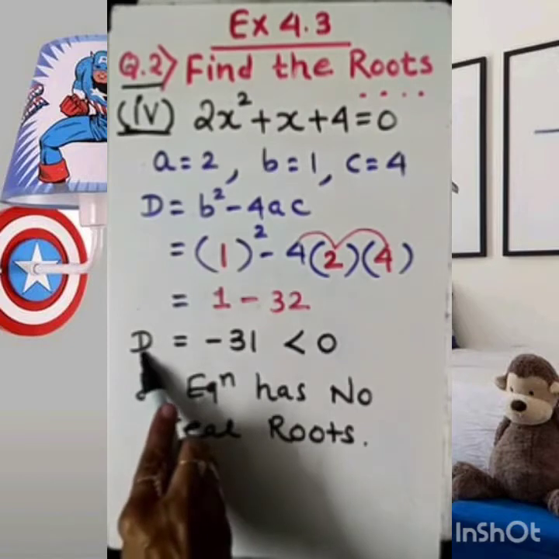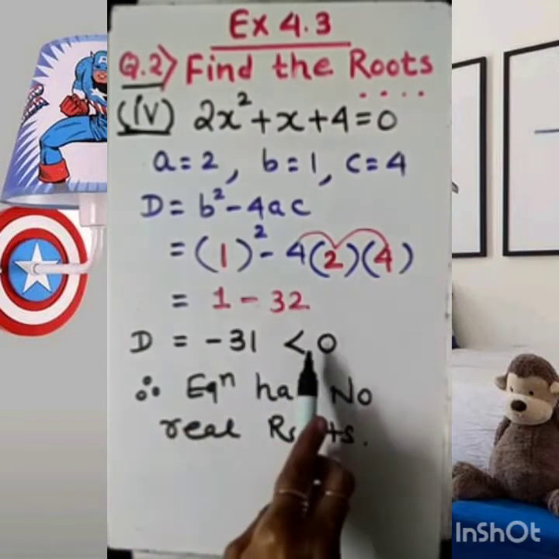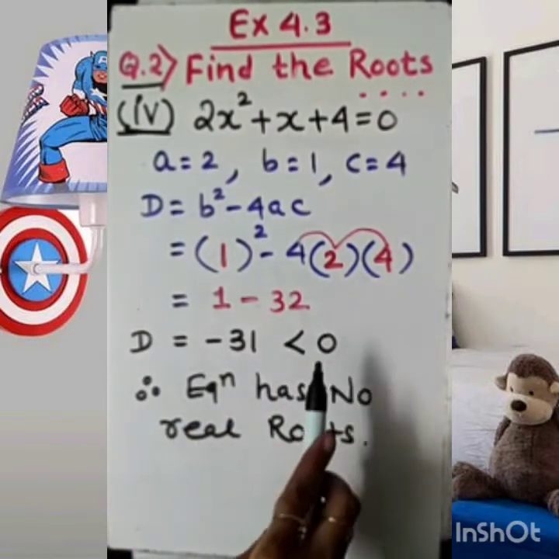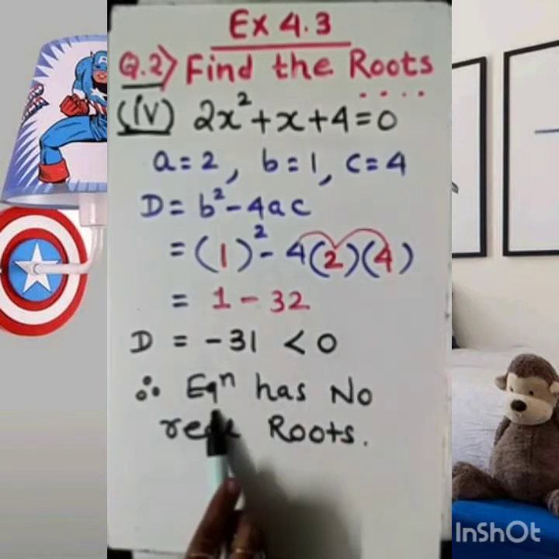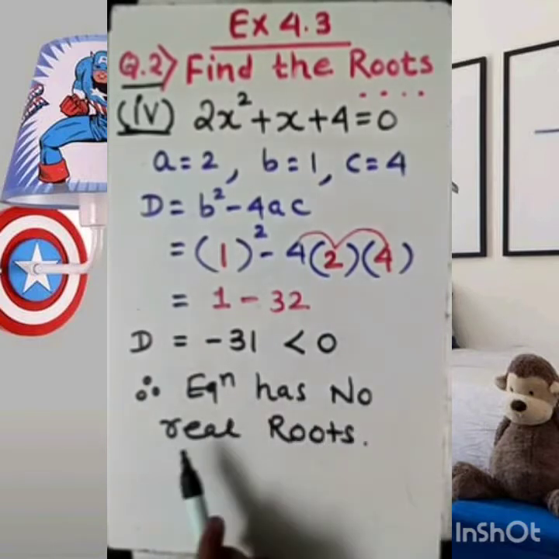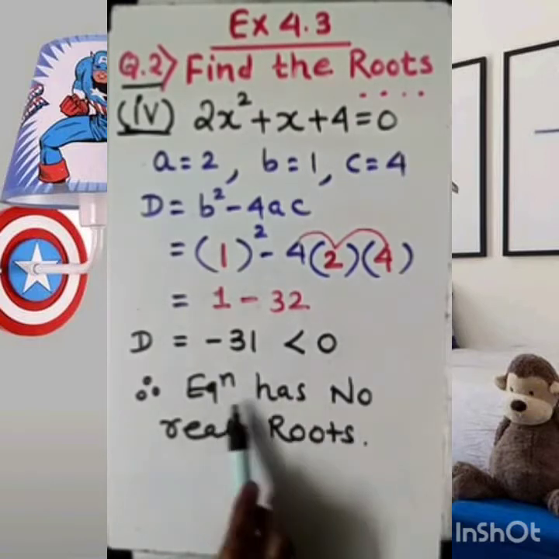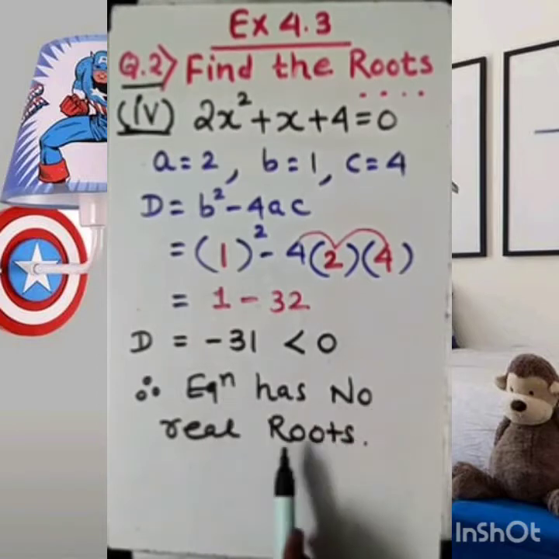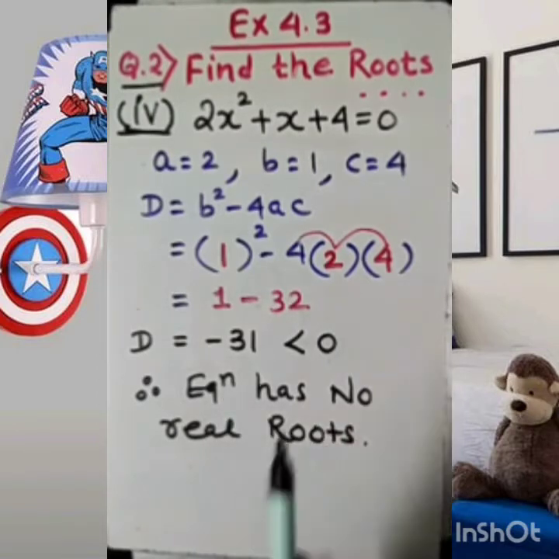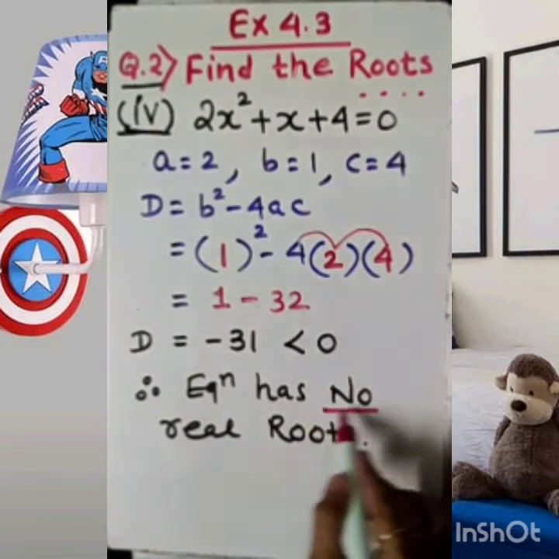Whenever the value of d is less than 0, in such cases we can say that the given equation has no real roots. We can't write no roots. If you mention that, then it is wrong. You need to mention it has no real root. This is very important.